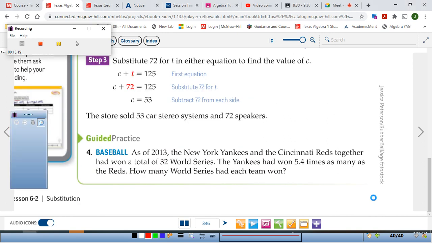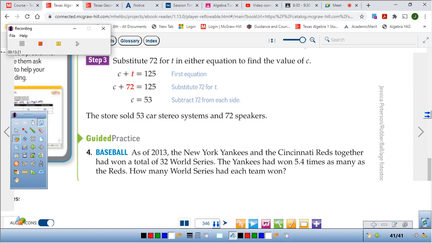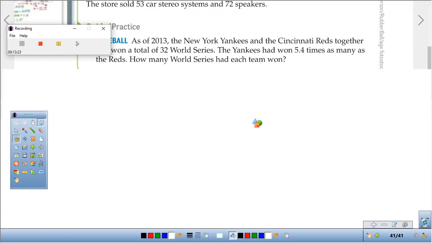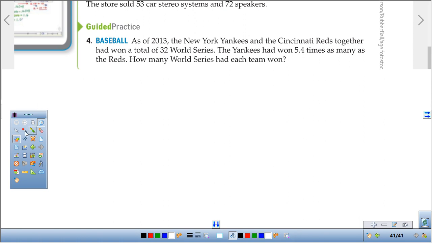Now, let's try this one right here with the Yankees and the Cardinals. Okay, so use the keywords again. Yankees, Cardinals, together, total, two keywords of adding, and they give you a number.